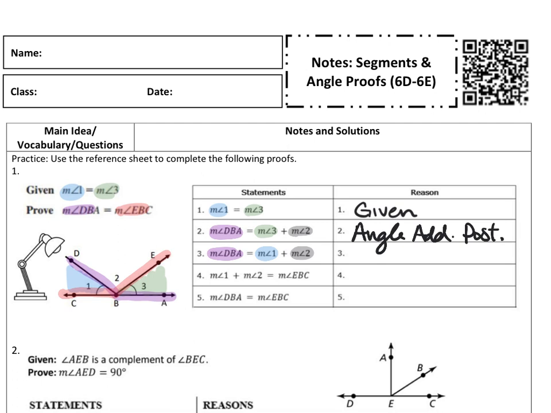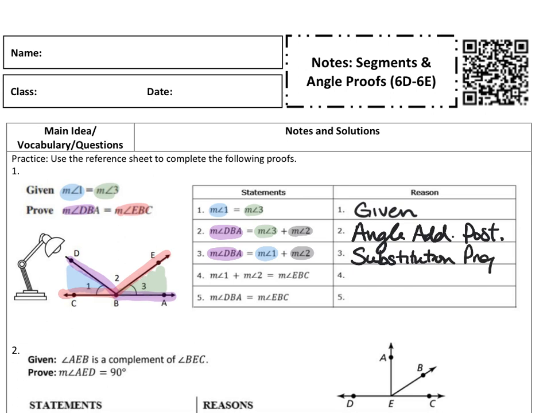It was green a second ago, and now it says measure of angle 1 instead of measure of angle 3. Why am I allowed to switch that, to take that out and replace it with that? Because they're the same. And so what's the property we can use to take something out and put something else in its place if they're equal? Absolutely, it's a substitution.